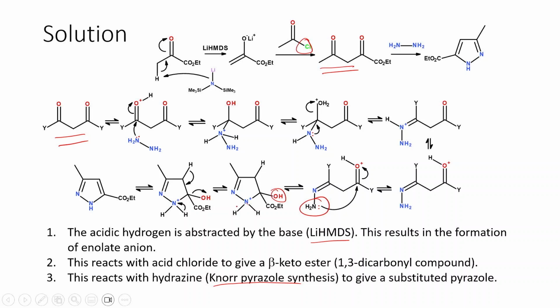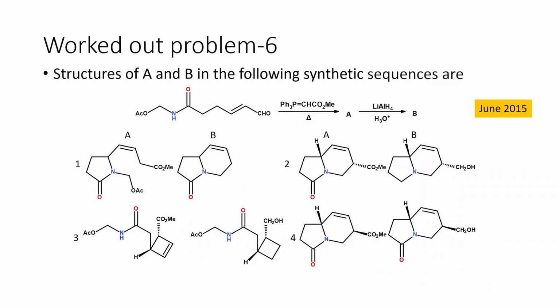So it is very ready for two of the hydrogen atoms to be moved, which leads to the aromatization of the final product. In other words, the driving force for the loss of a water molecule and the shift of hydrogen is the stability gained by the formation of the aromatic derivative. So this is the overall Knorr pyrazole synthesis, and we end up with a final derivative which is a pyrazole. Let us move on to the next problem.